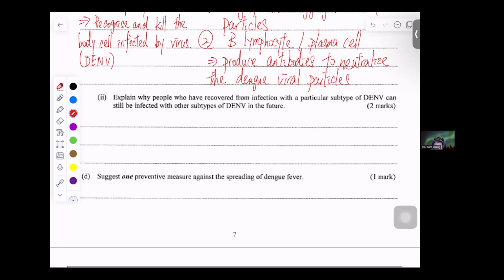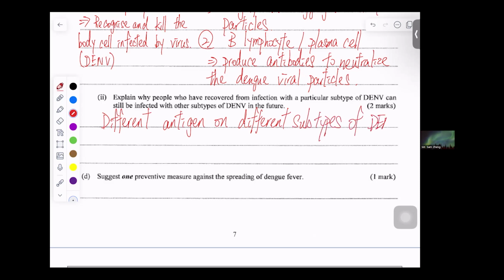Yes, the antigens will be different. So therefore, they will have different antigens on different subtypes of the dengue virus.